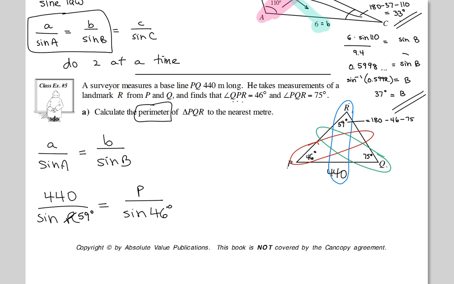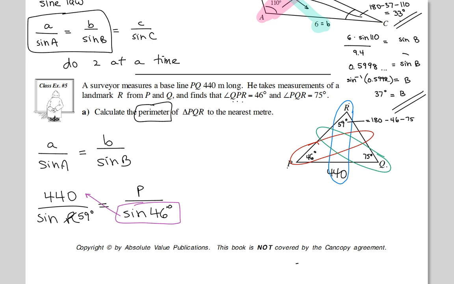Now all I have to do is isolate for P. So what do I need to move? That's it, right, Carl? Because P's already in the top. That's what we want. We always want the unknown in the top by itself. So it's in the top, it's just not by itself. What do I got to do with this sine 46? Move it up here.